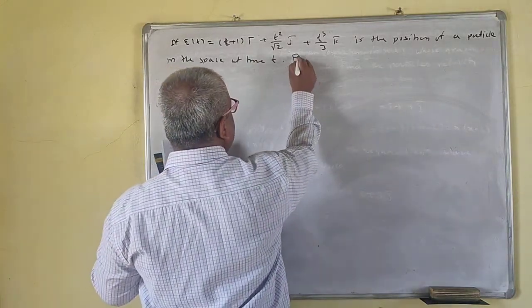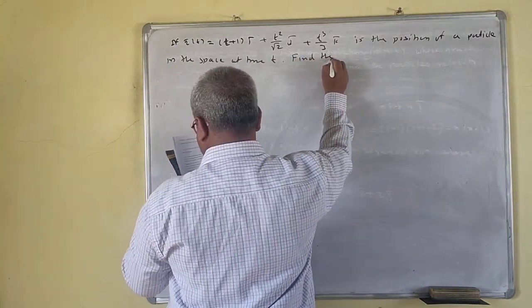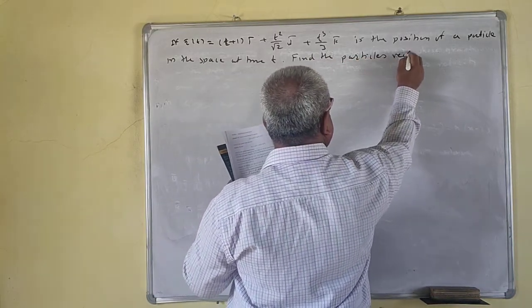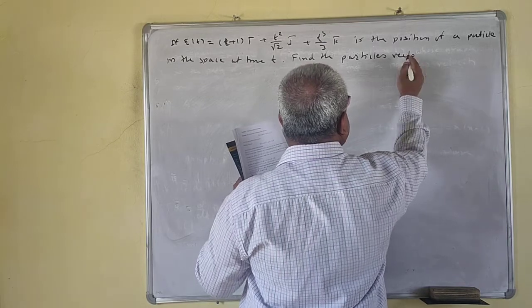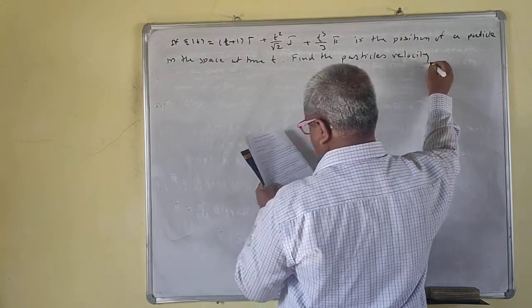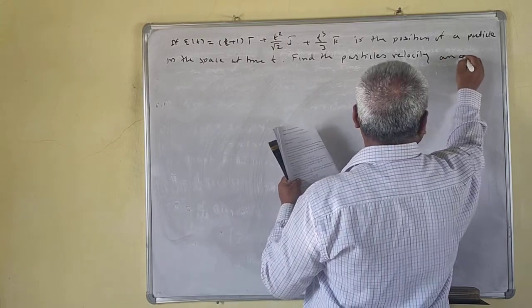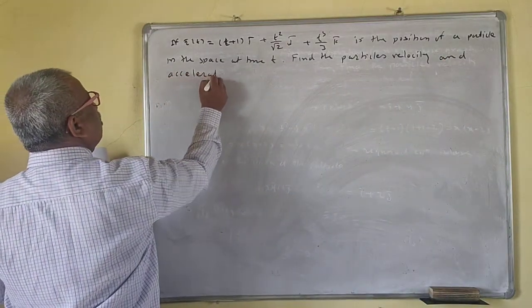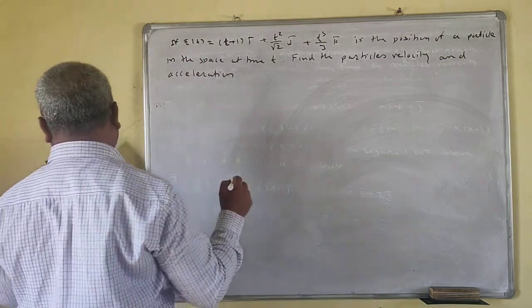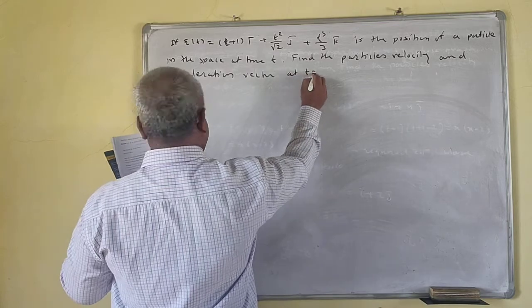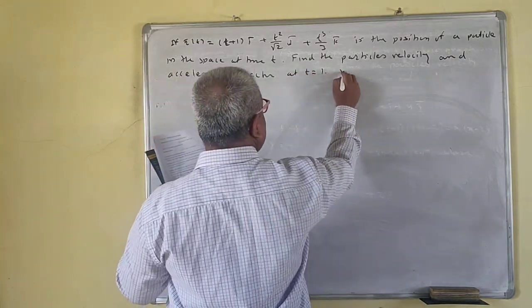Find the particle's velocity and acceleration vectors at t is equal to 1.